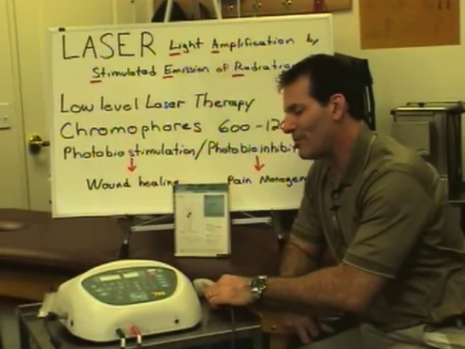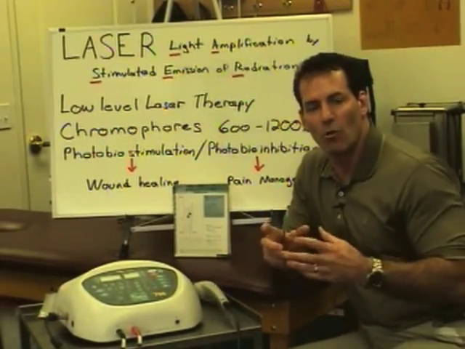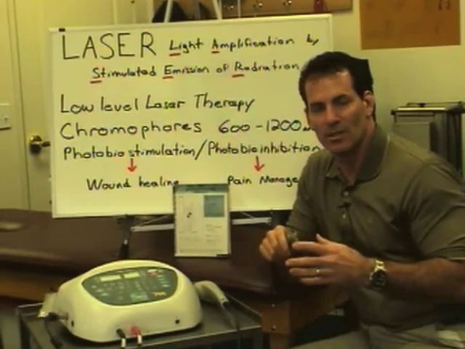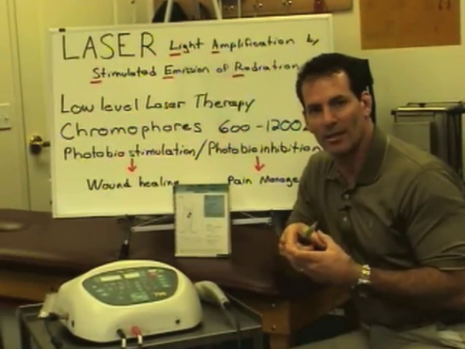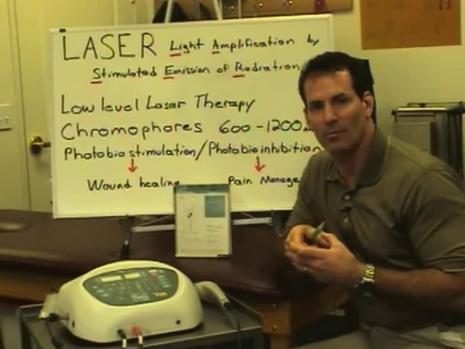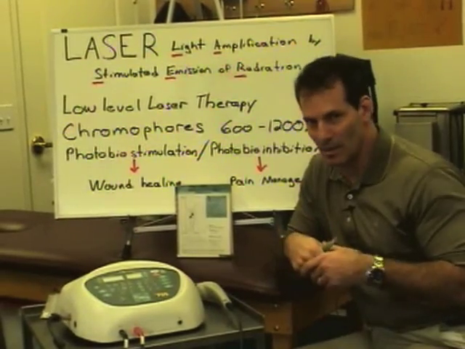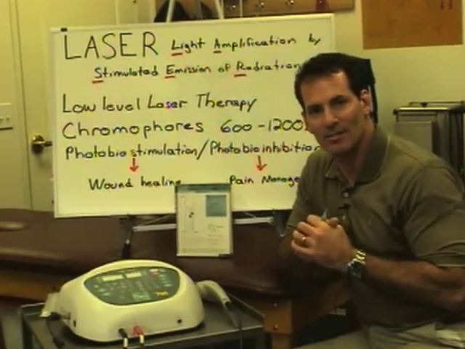And what happens in our bodies is that we have certain chromophores, which are light-sensitive substances inside the mitochondria, which is an organelle inside every cell in your body. So every cell has these, and your body is made up of trillions of cells, but these are very light sensitive.